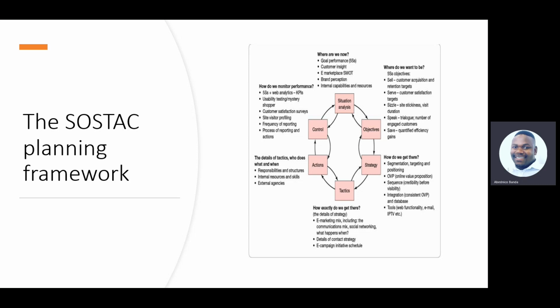The e-marketing mix, such as the communication mix or the social networking. How are you going to use 3 different types of media? Remember, I spoke about earned media, owned media, paid media. How are you going to use marketing communication tools such as search engine optimization, social media marketing, paid advertising, and so on?